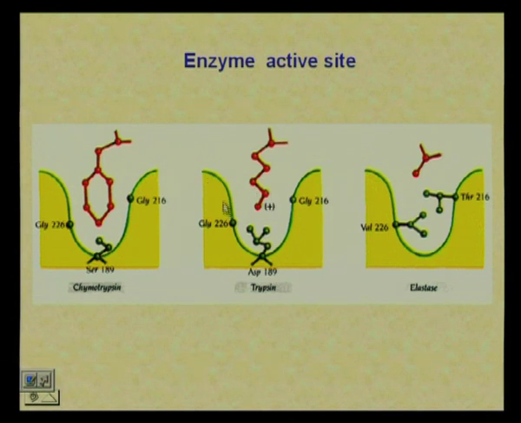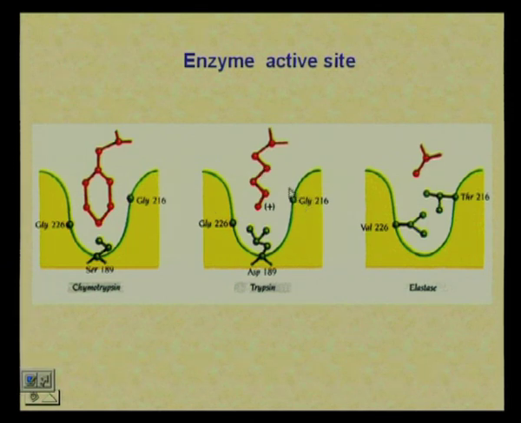So, if this is our enzyme active site, it is such that it will accommodate a residue that is countered in charge to the active site residue, and it fits in the active site. Okay. So, we have to have basically a fit of the specific substrate in the enzyme active site.